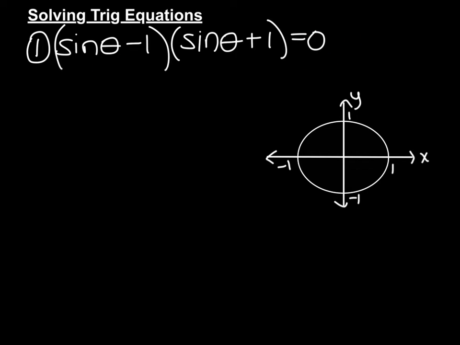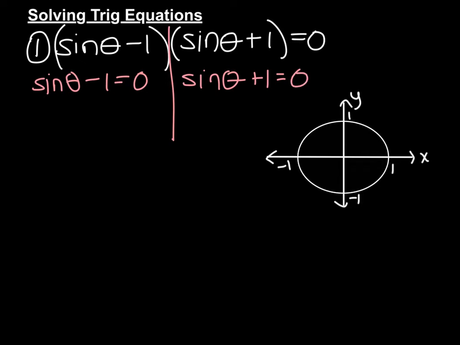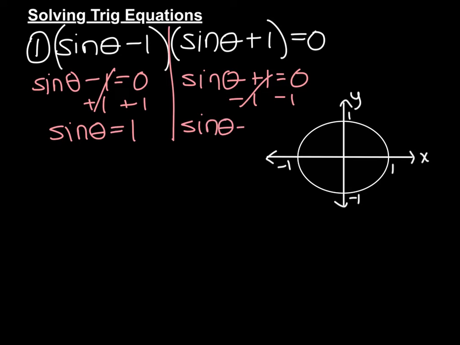So all you have to do to solve is break it apart and set each part equal to 0. We don't need to simplify here because it would be the same. If we simplified, we would wind up either factoring or solving in another way. So on the left-hand side here, we're going to add the 1 to the other side. We're going to get sine of theta now equals 1. Over here, we subtract the 1 to the other side, and we get the sine of theta equals -1.